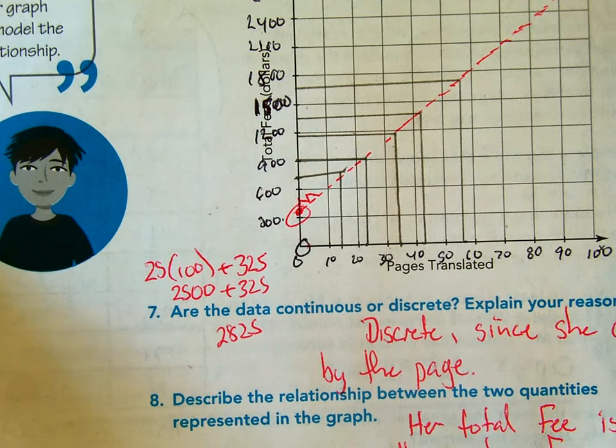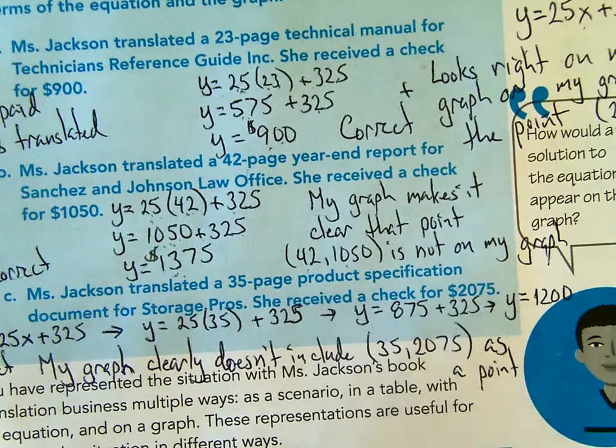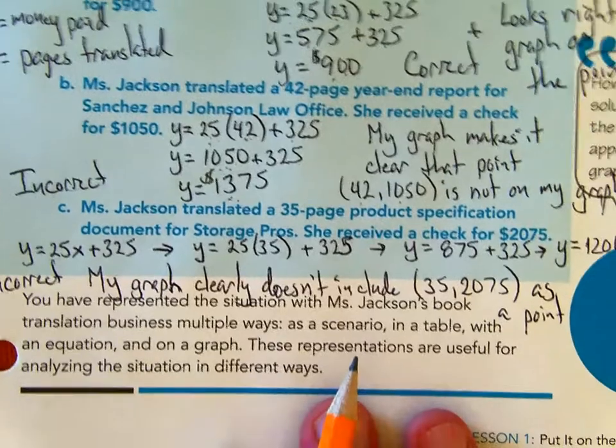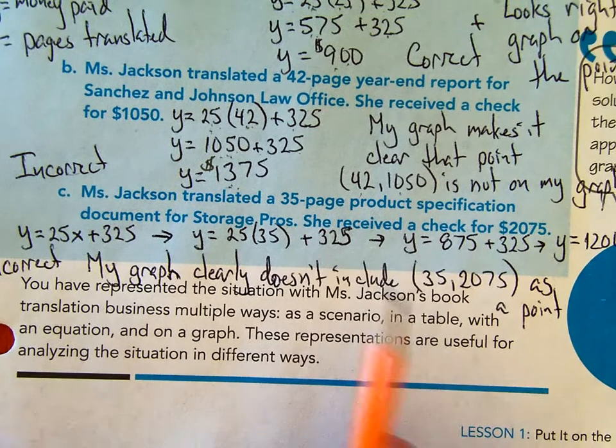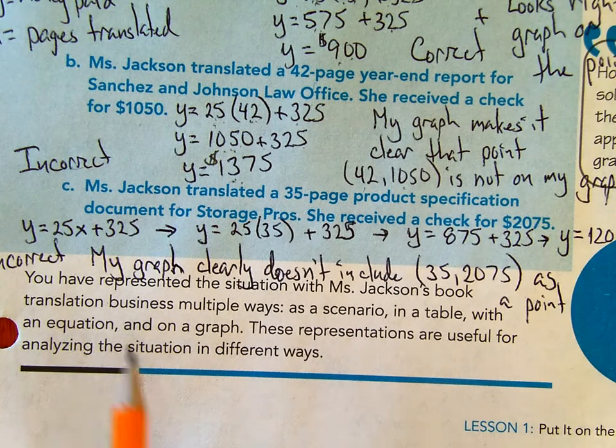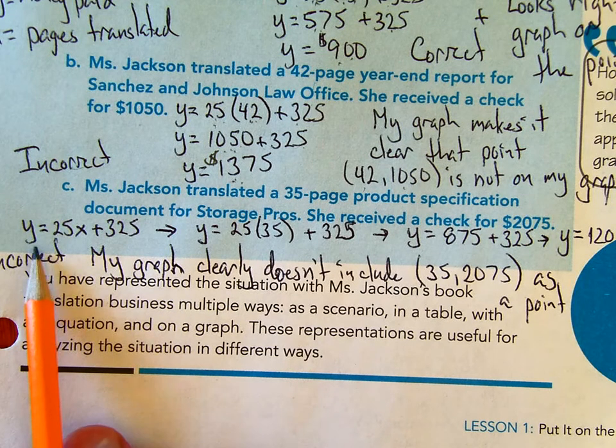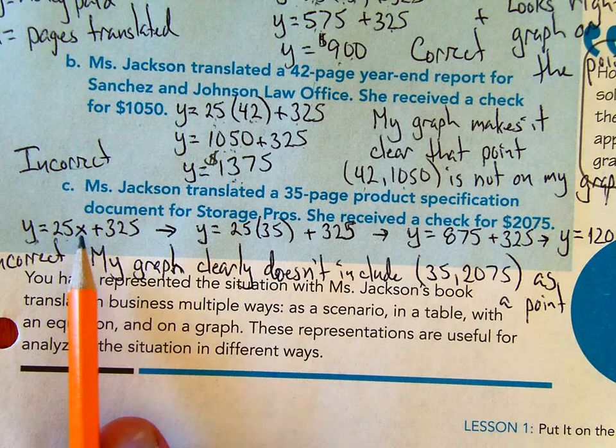So if there was a check for $2,000, somebody overpaid. So there's a problem. Let's put it into the equation and get the exact amount and see what it should be. So again, my original equation, output equals 25 times input plus 325.